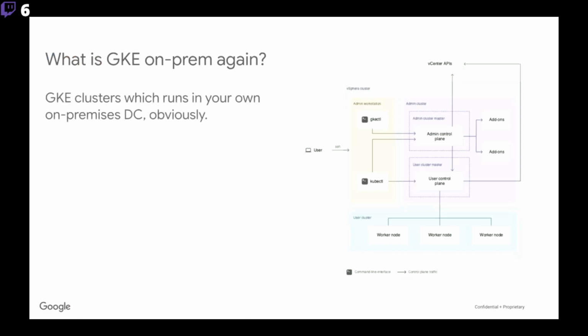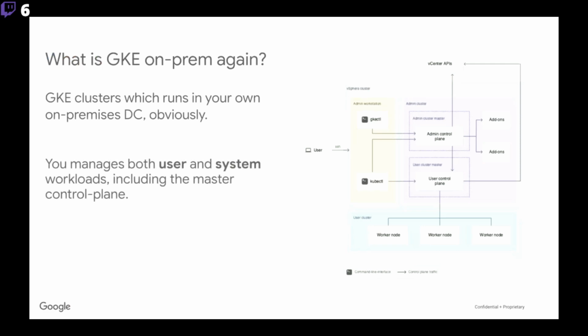So that's pretty much it: we can run these GKE clusters and control planes in people's on-prem data centers. But the problem is that with the cloud offering, the control plane is run for you, and you are just using your cluster and loading your workloads and services on top of it. In on-prem, you have to run your own little admin control plane for your clusters.